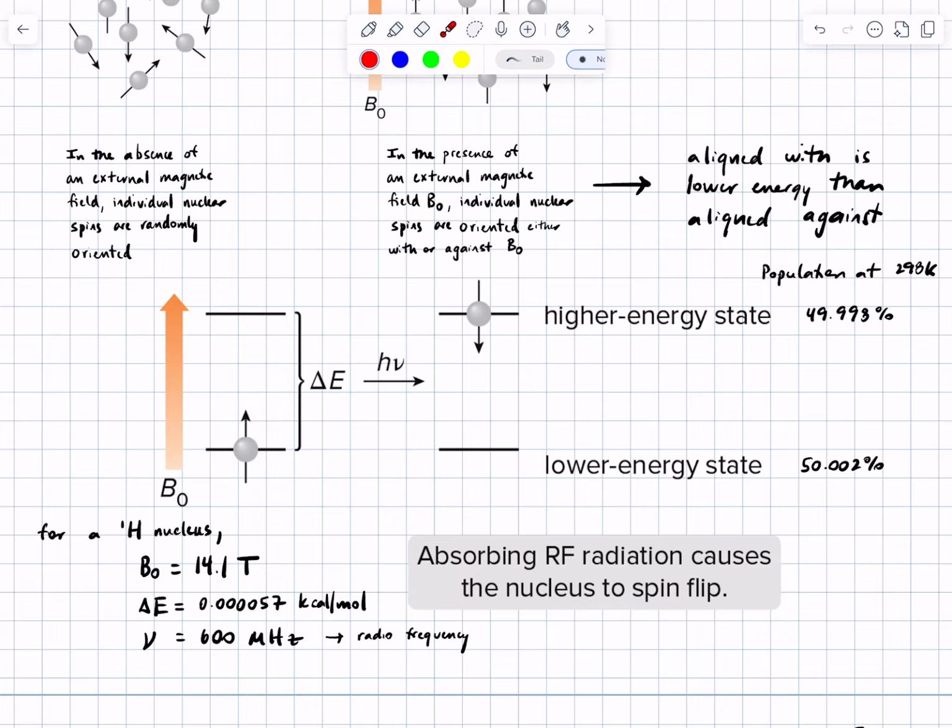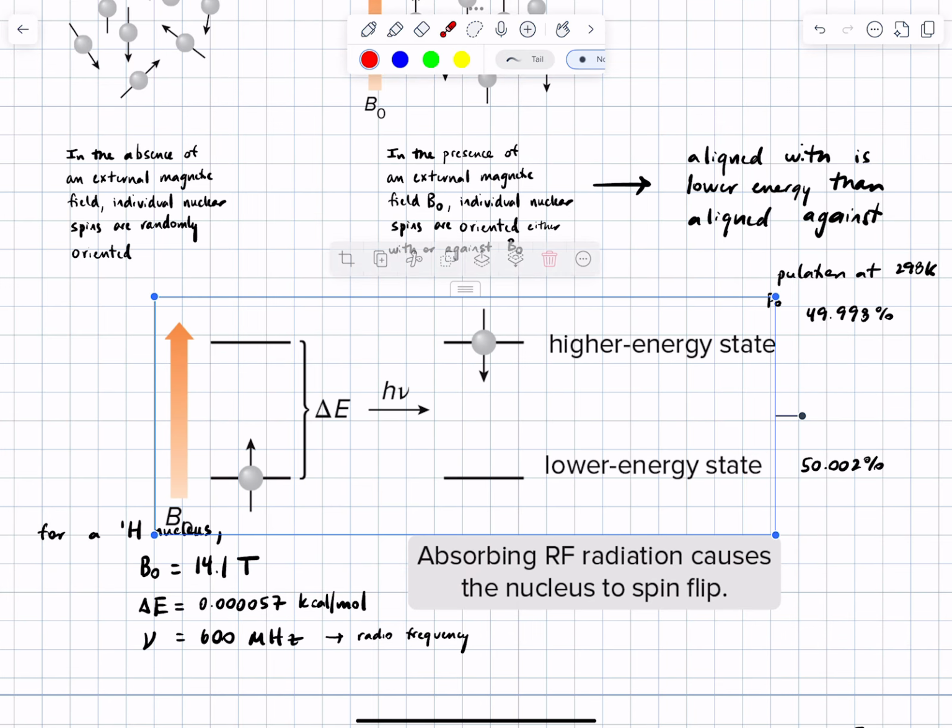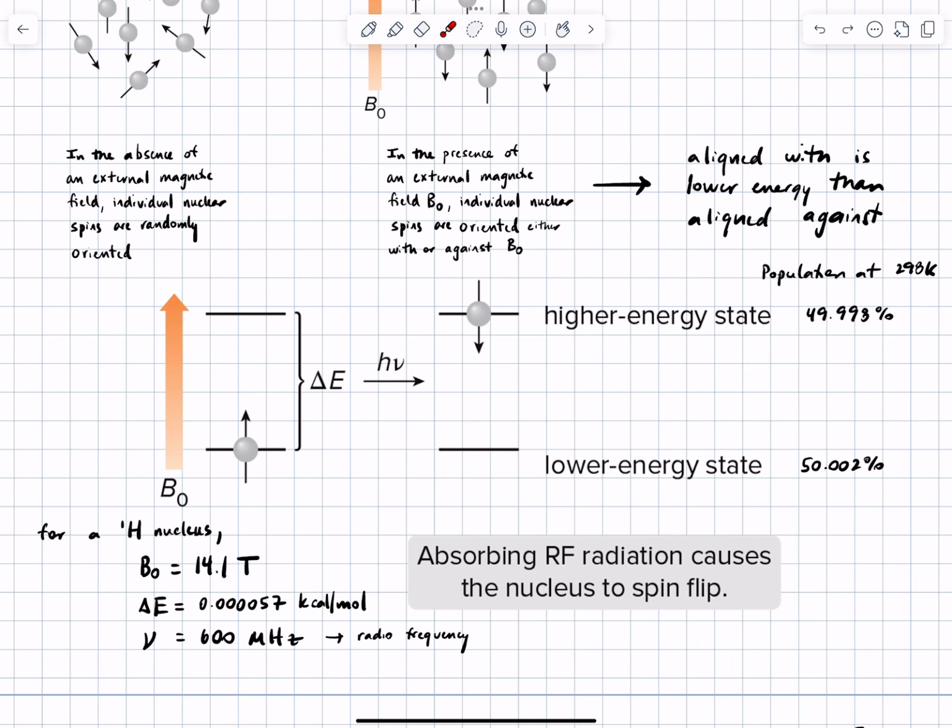You'd just do the experiment and be like, gee, this molecule has hydrogen in it. Great, that's helpful. But it turns out that this energy gap is highly sensitive to environment. And so protons that are in different environments will have a different frequency of absorption to go from one state to the other.